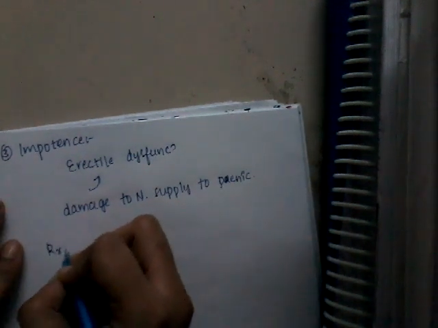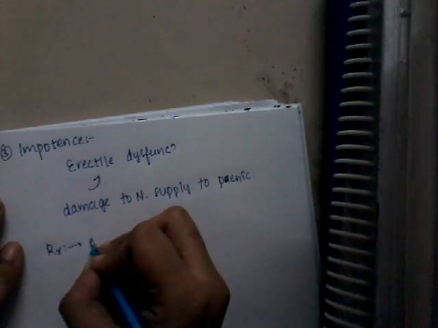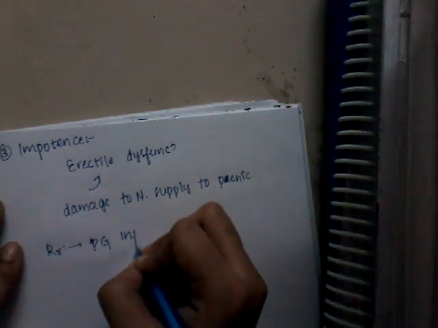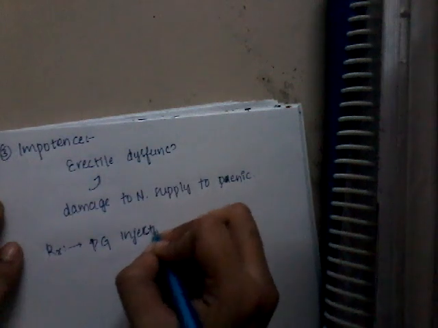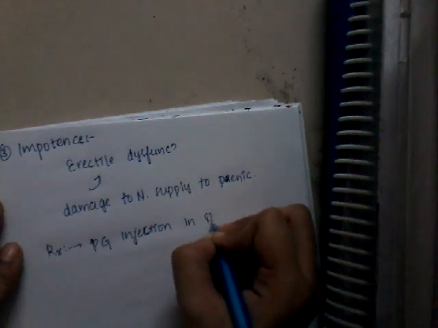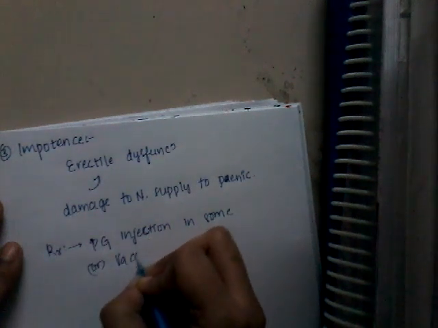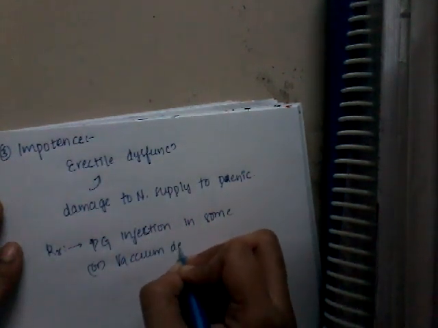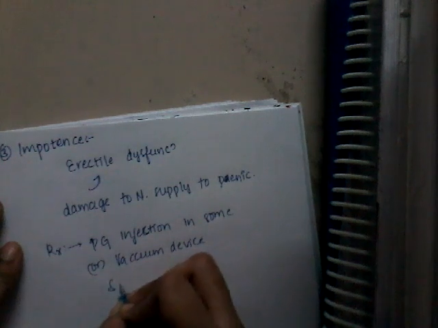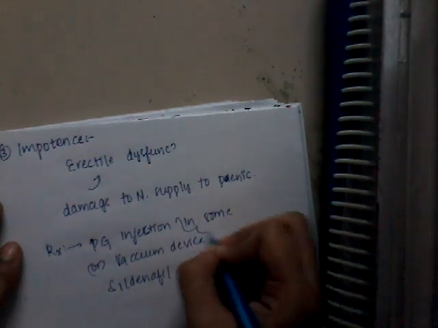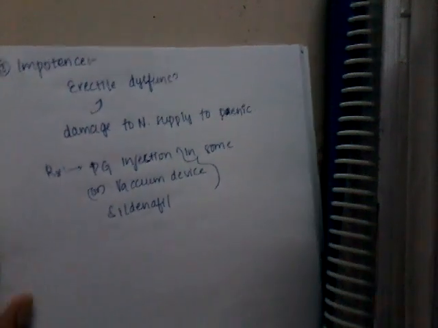In some we can treat it by prostaglandin injections, but these work only in some. Or you can give a vacuum device or sildenafil. So these work only in some patients.